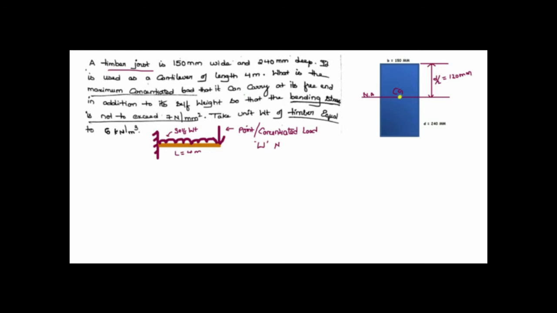Now he's saying that the maximum allowable bending stress is 7 Newton per mm square. You cannot allow stress greater than this to be developed in the body. And the unit weight of the timber is 6 kilonewton per meter cube.